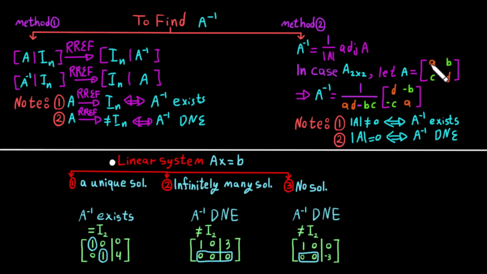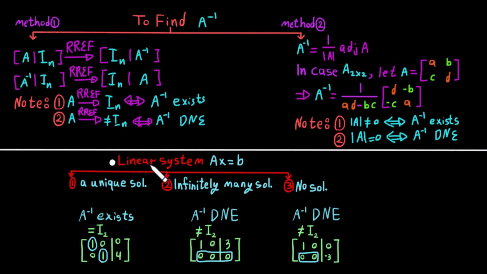The determinant, of course, is A multiplied by D, minus B multiplied by C. The adjugate of A, you will find at the end to be like this. So you have to swap these, then put a minus here and a minus here. But you can save it in your mind to find it more easily.